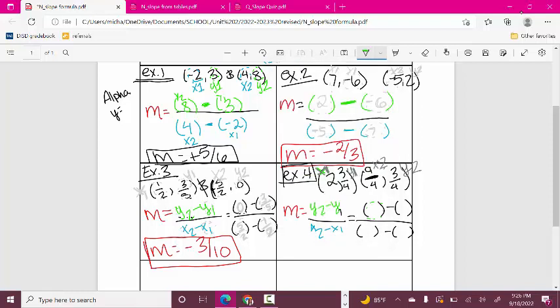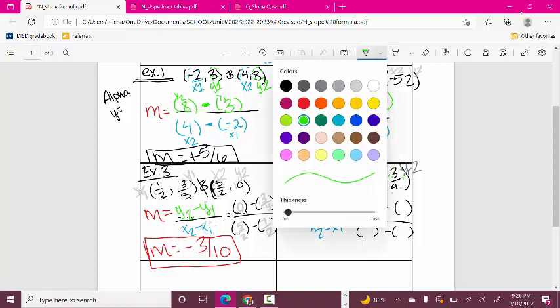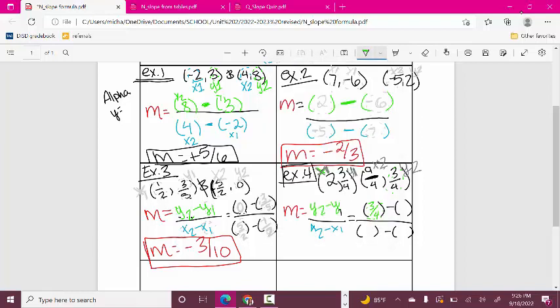Now going back to the formula, this first parentheses is in place of y2, and y2 is 3/4. So we've got 3/4 minus, just a natural minus from the formula, and then this bubble is in place of y1, so the y value from the first ordered pair is 3/4.